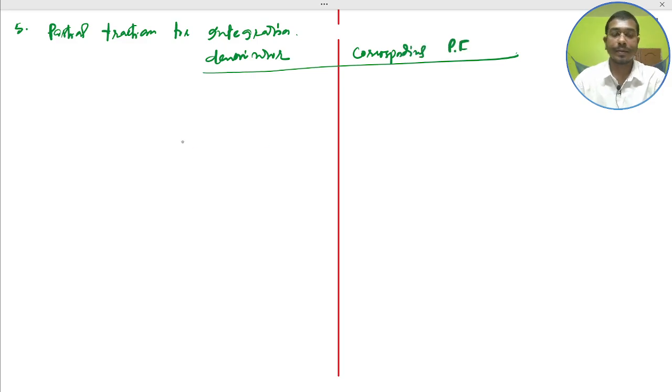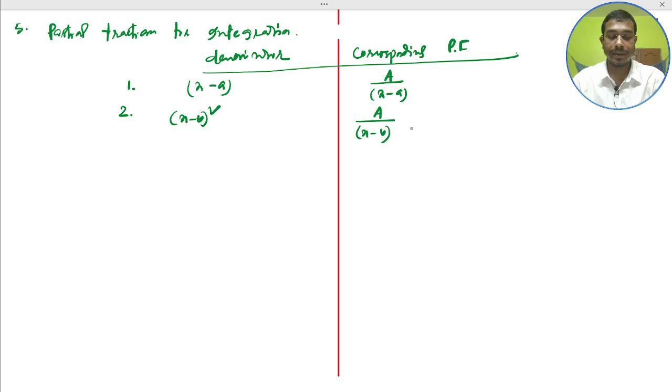First, for denominator x minus a, the partial fraction should be a by x minus a. Next, for x minus b whole square, the partial fraction would be a divided by x minus b plus b divided by x minus b whole square.